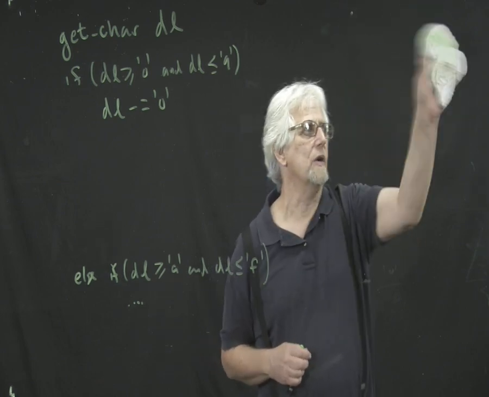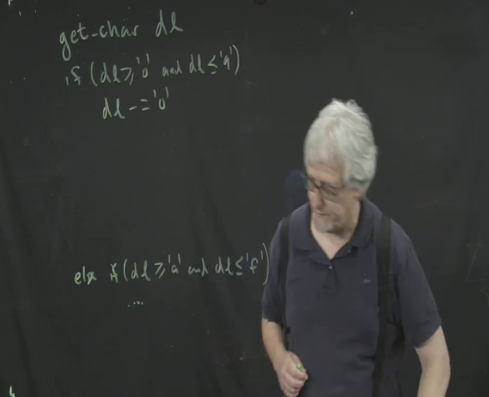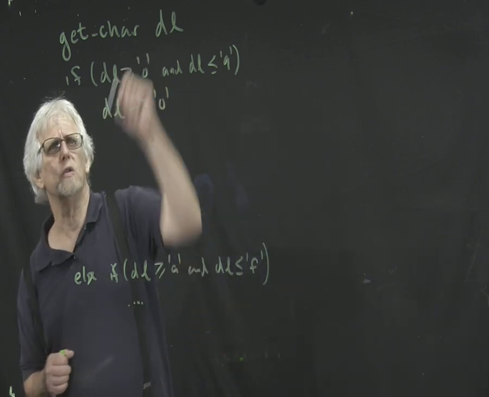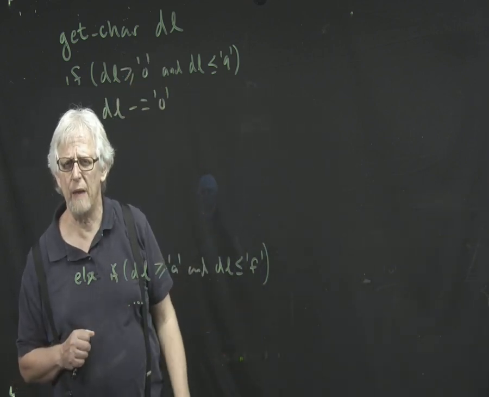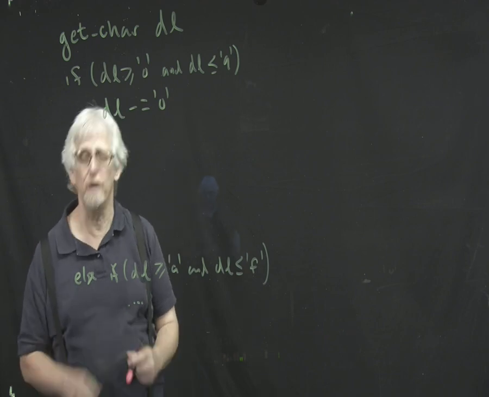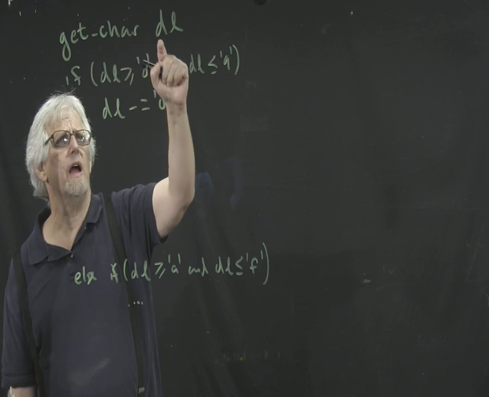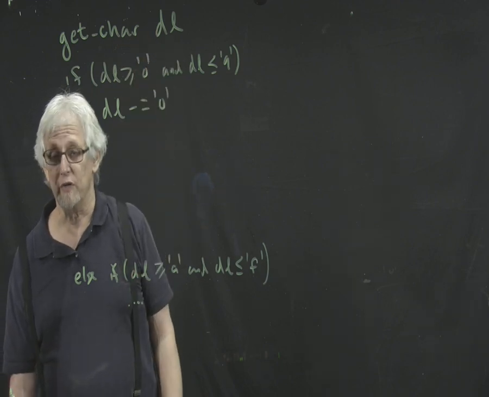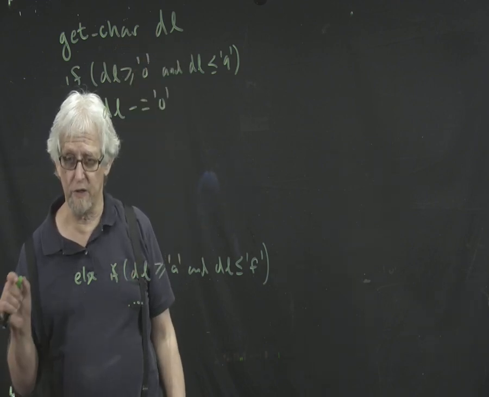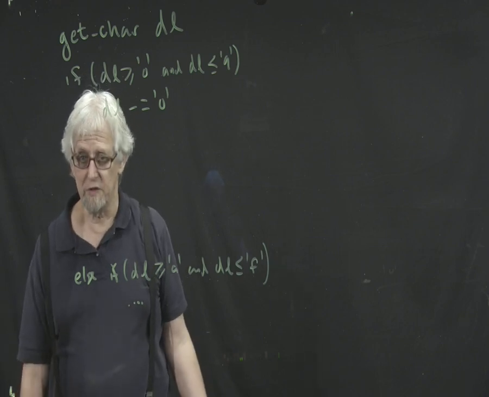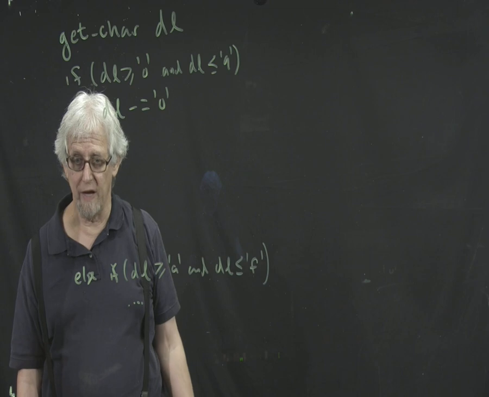And I'm going to look at what the code looks like. In your lab, you'll discover near the top of the code, get char and then into DL. So this is the first character in the user's input. It should be a hex digit, which is to say 0 to 9 or A through F.